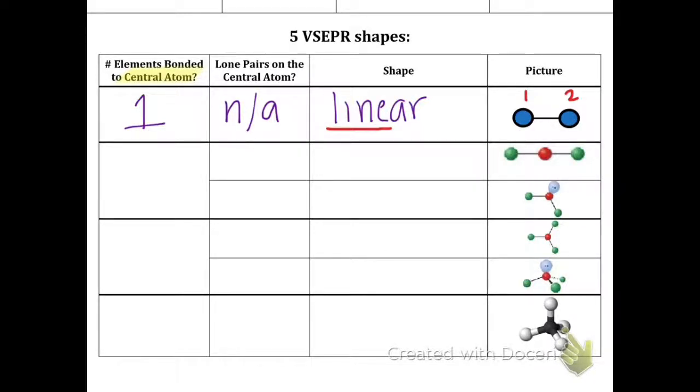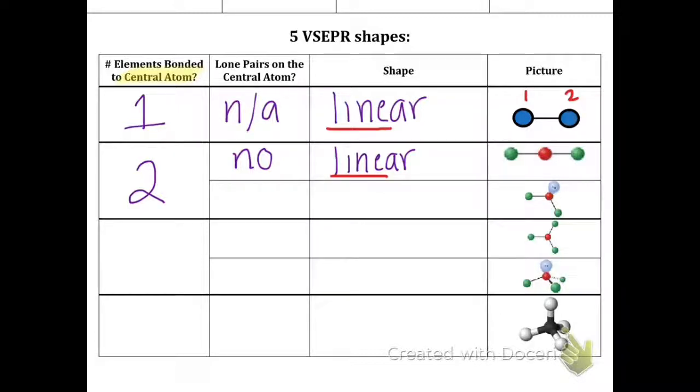Now, if your central element is bonded to 2, then the question you ask yourself is, on the central atom, is there a lone pair? Meaning, does it have some electrons that already have friends? If the answer is no, then it also creates a line, so we call it linear. It just creates a longer line.